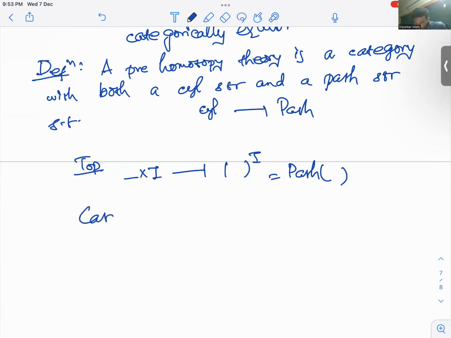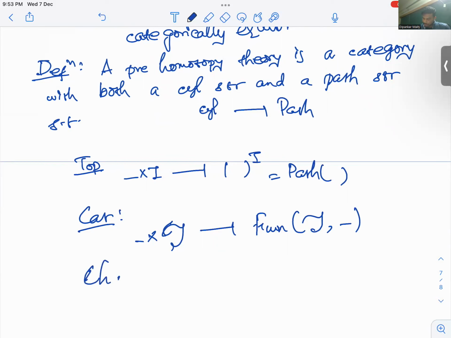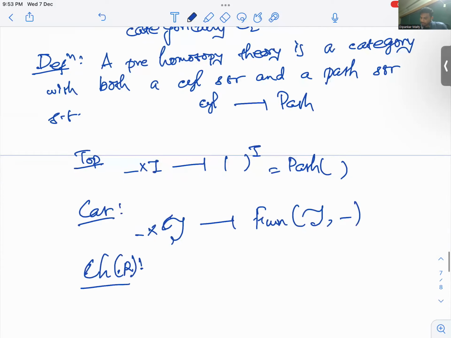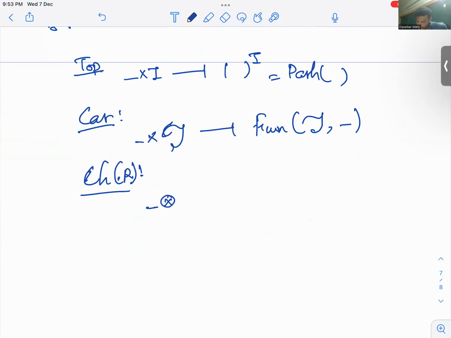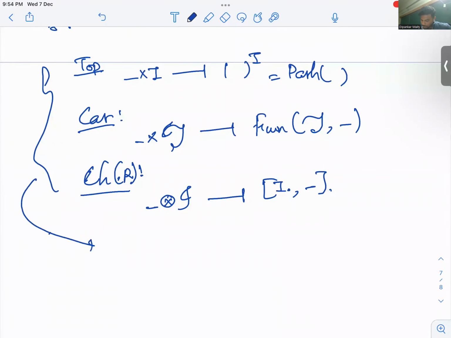In the case of categories, the same was the case. Blank cross this interval J is left adjoint to the path space, the functor category from J to blank. In the case of chain complexes, tensor product with the standard interval I is left adjoint to the path space functor, which is the chain space I dot blank. So this means that all of these three are pre-homotopy theories.